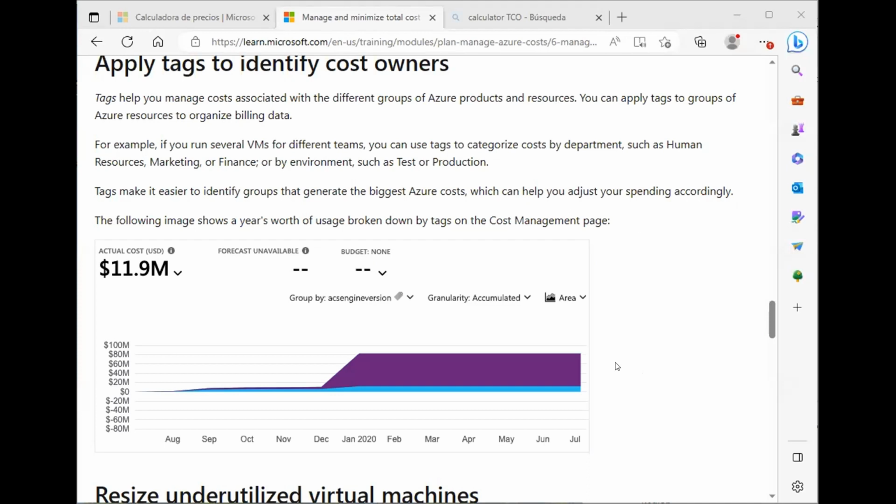In this image, I see actual costs, forecast unavailable, and budgets none, for each month: August, September, October, November, December, January 2020.